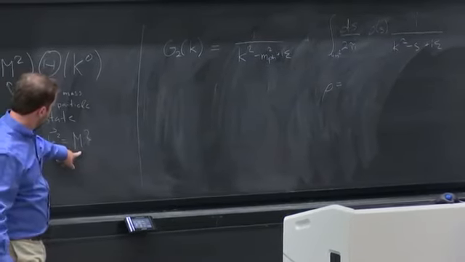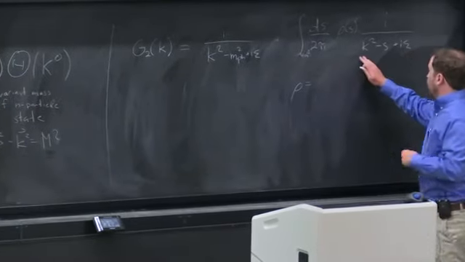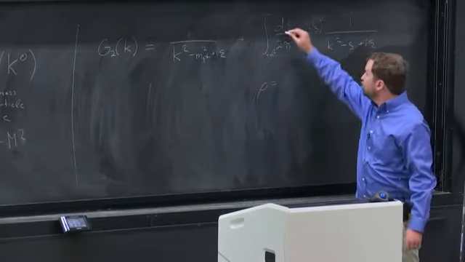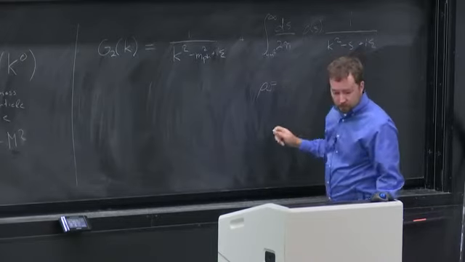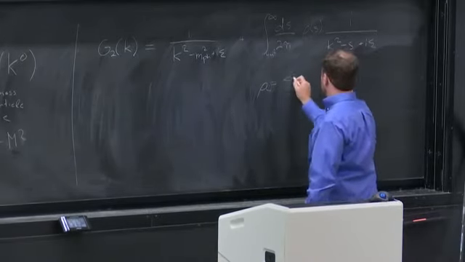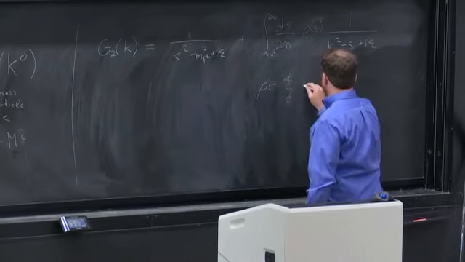There's no overlap between where the denominator vanishes here and where it vanishes there. And rho of S explicitly is just some deltas, an integral over sigma of these deltas.